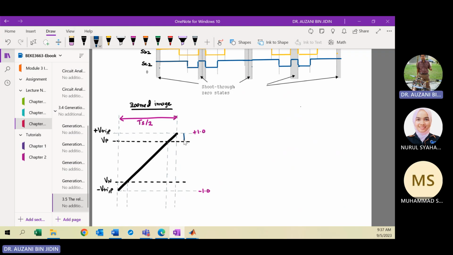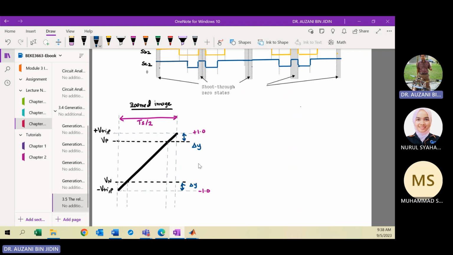The gap here we can define as change of y, because it is the y-axis. Same goes to here, change of y, because VP and Vn have the same magnitude. So the gap for the top and bottom are the same, because you subtract VP from 1 volt, and you get the same magnitude when you subtract between -1 and Vn. Clear? So that's why you can write delta y, change of y.